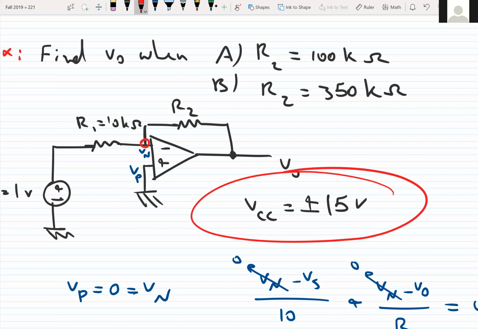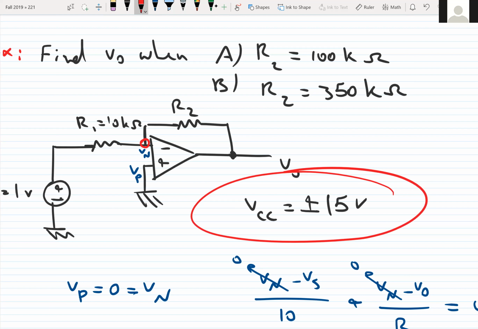You see the characteristic graph for the op amp. In the saturation mode, it was not linear anymore. It was a constant output.